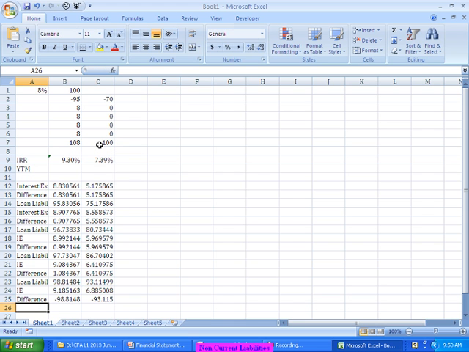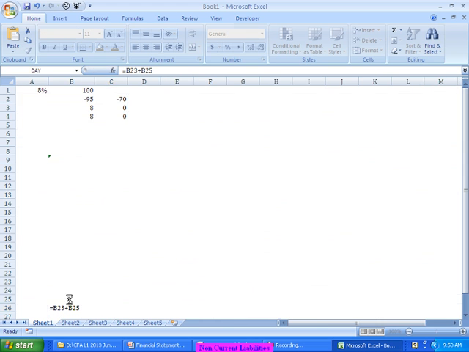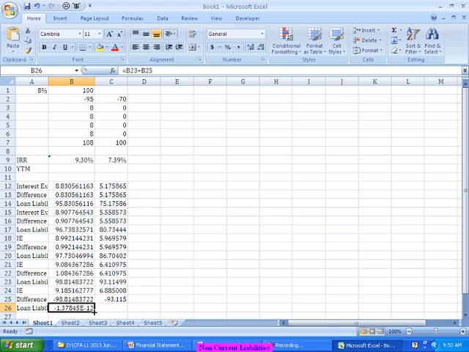Now you see the loan liability is 0, because you have received everything, the loan is over, it's almost 0, negligible.